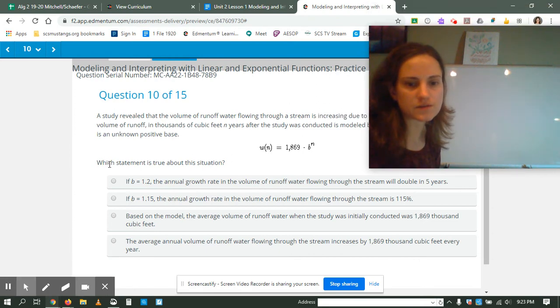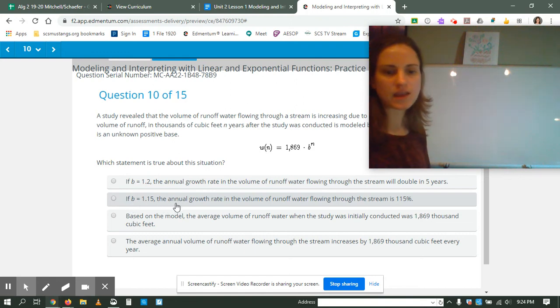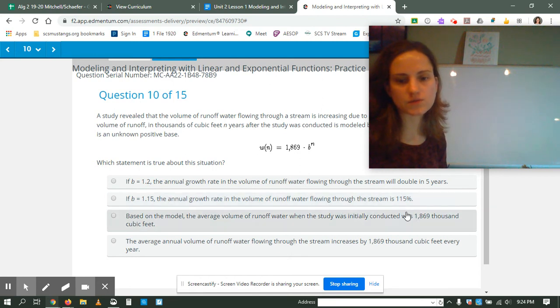So looking at the first option that they give us, if B is equal to 1.2, the annual growth rate in the volume of runoff water flowing through the stream will double in 5 years. We don't have quite enough to work with that one. If B is equal to 1.5, the annual growth rate in the volume of runoff water flowing through the stream is 115%. Still, same thing there.